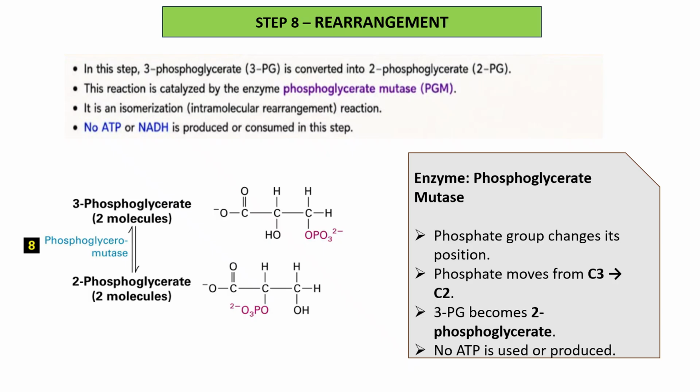The carbon skeleton remains unchanged and no ATP is consumed or produced here. This rearrangement is important because it prepares the molecule for the next step of glycolysis. The position of the phosphate group allows 2-phosphoglycerate to undergo dehydration in step 9, resulting in the formation of phosphoenol pyruvate, a high energy compound that will be used to generate ATP in the final step.